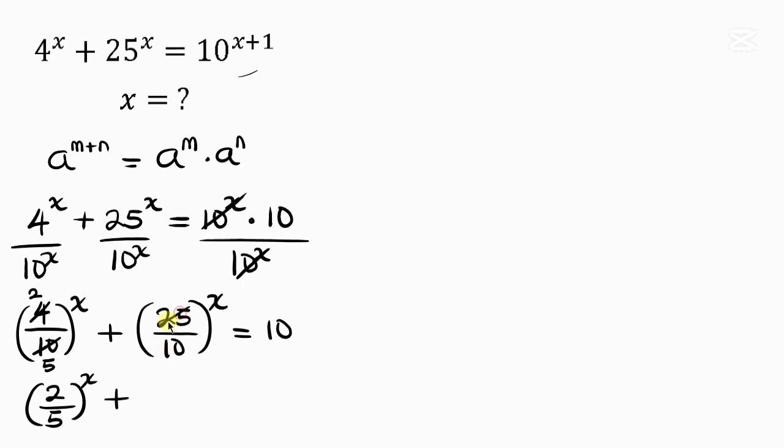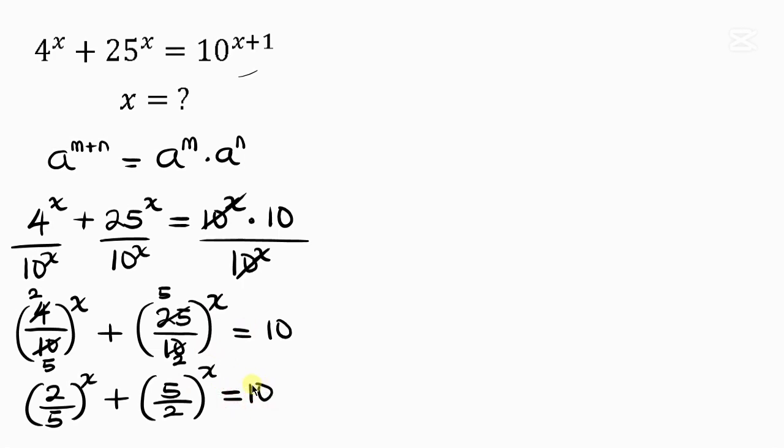So 5 divided by 25 is, we have 5. Then we have 5 into 10, we have 2. So this is 5 over 2 to the x equal to 10.